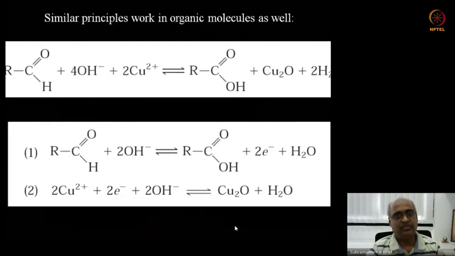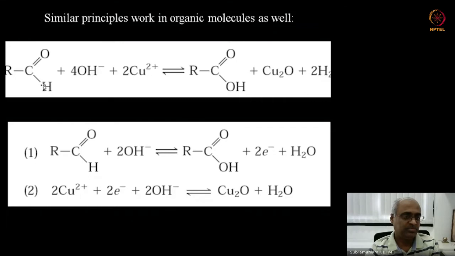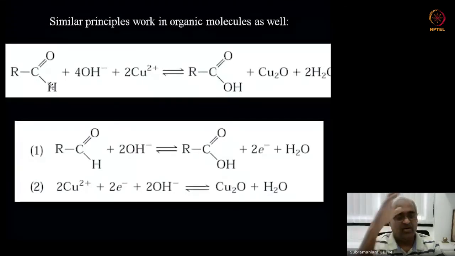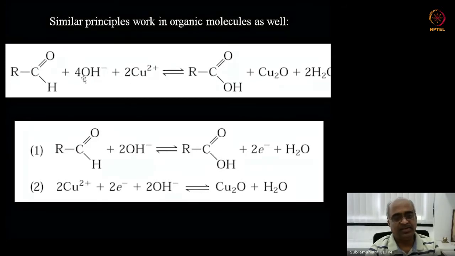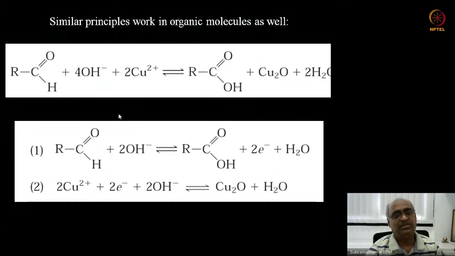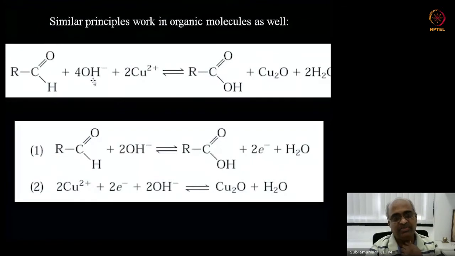So a very similar principle applies in biology as well. For example, here you take the aldehyde group. So this is getting oxidized to carboxylic acid, and the electrons ultimately come from this hydroxyl ion. Okay, so in the process, copper gets reduced as well. So what is oxidized? The hydroxyl group becoming H2O.